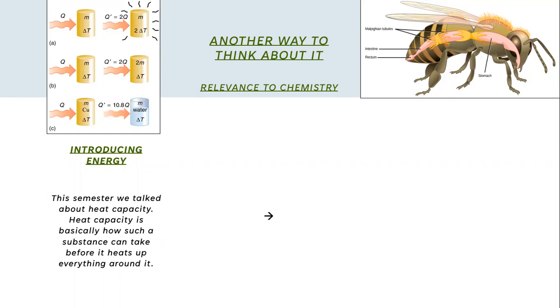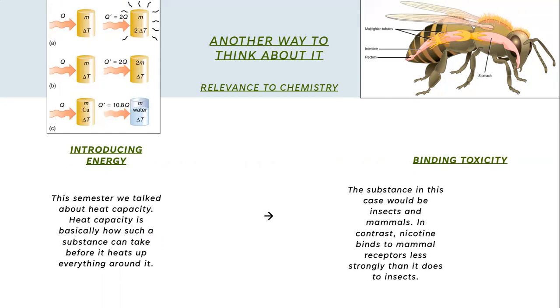In relevance to bees and neonicotinoid pesticides, it comes from the binding toxicity, which I talked about in the previous slide. The substance in this case would be the insects, bees, and mammals.